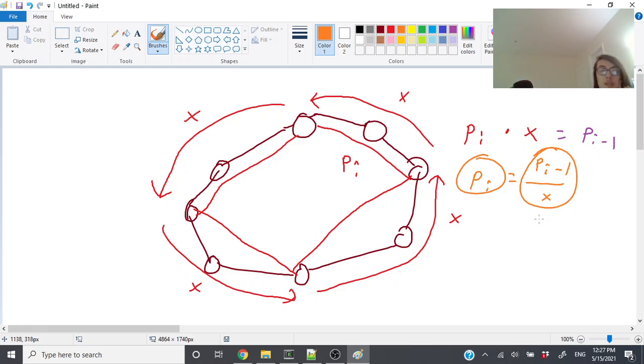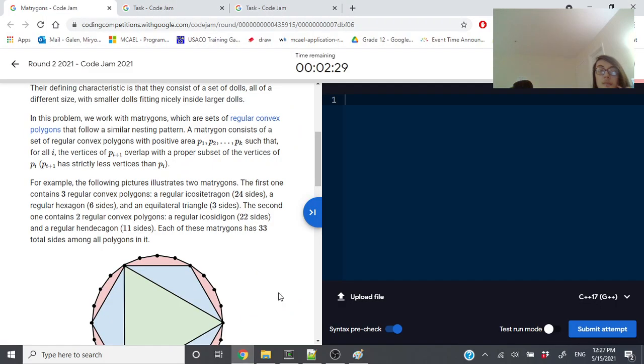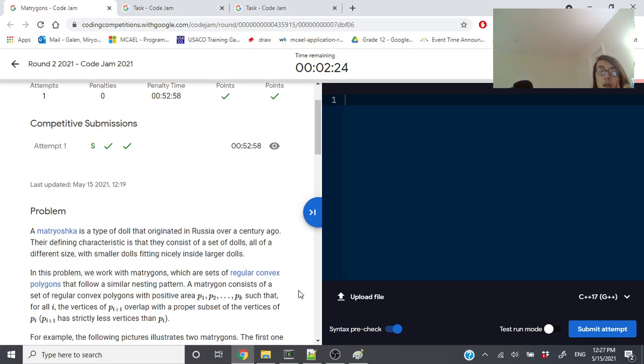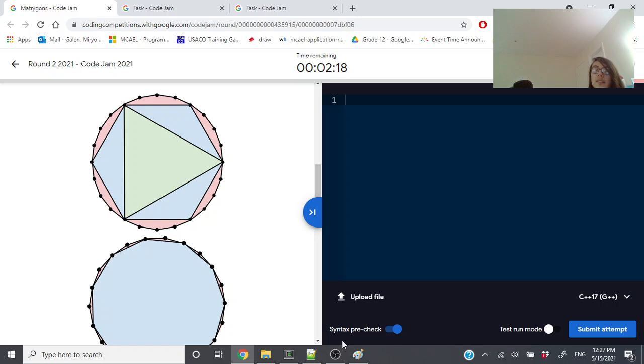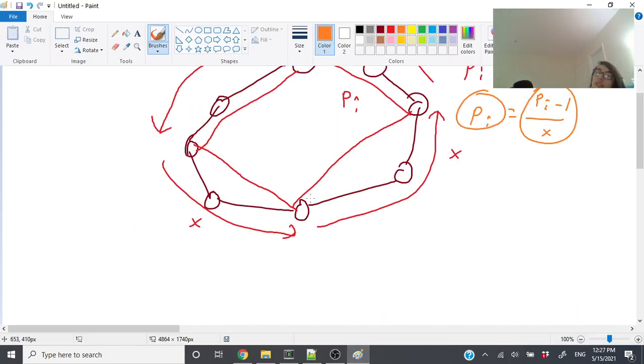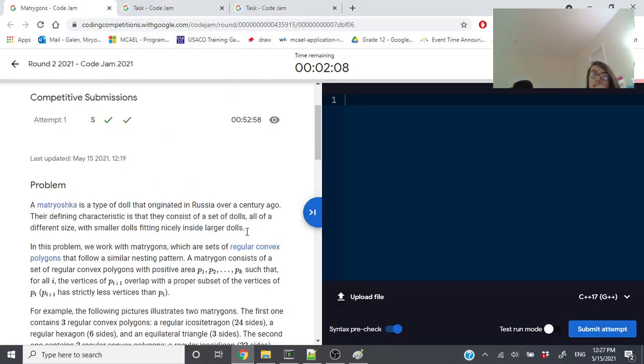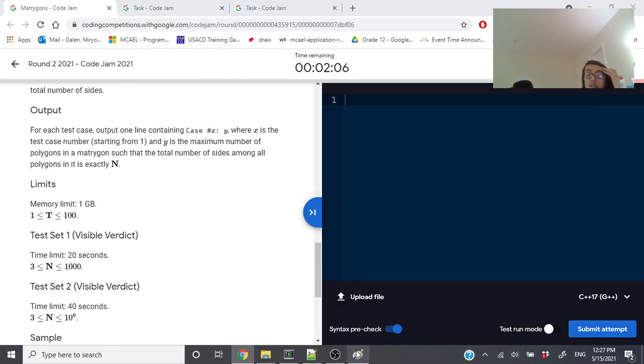And the other thing we can observe is that there's also some divisor relationship between p_i and n, because consider the first polygon we take.